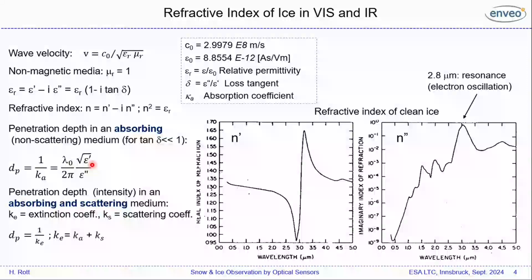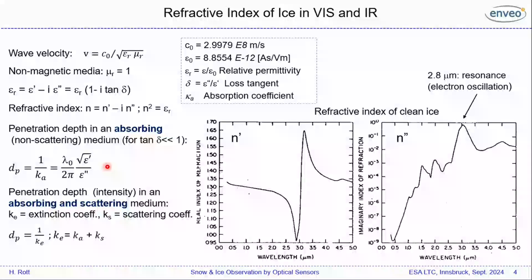We heard before about the penetration depth in an absorbing, non-scattering medium. This doesn't have a significant role in snow, because the visible radiation penetrates maybe several centimeters in snow. It has a little effect on the thermal structure, but it's really marginal. It's really a skin layer which is affected.